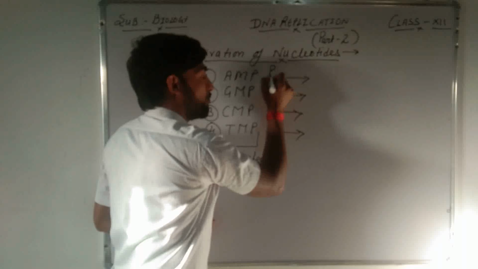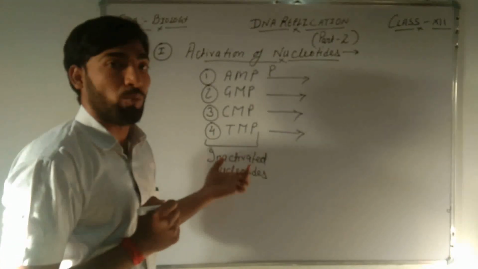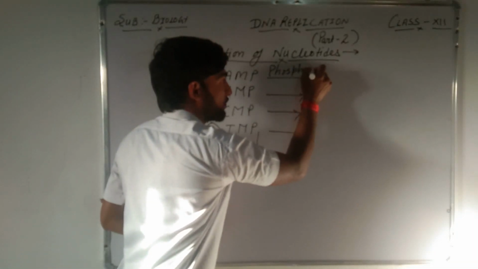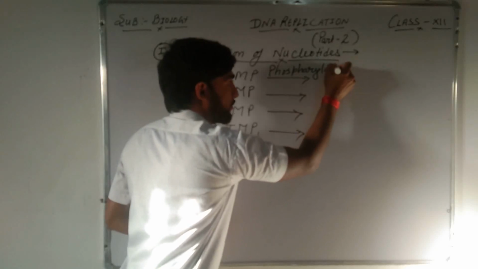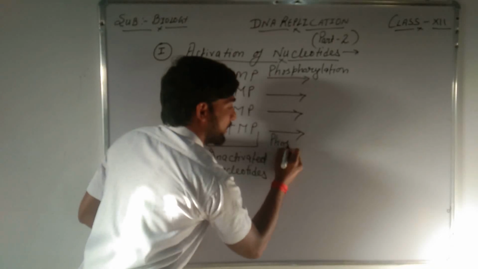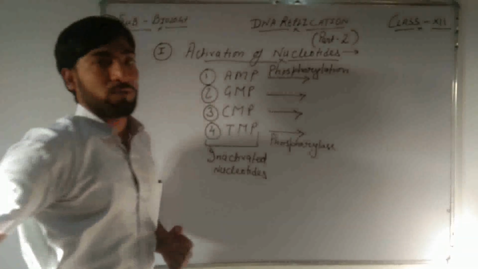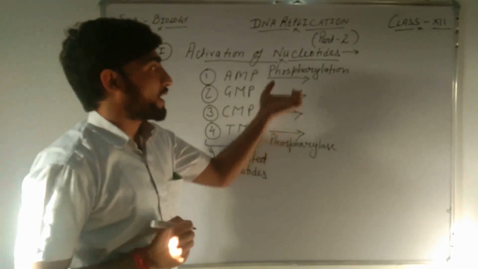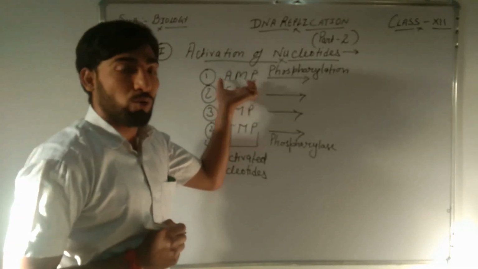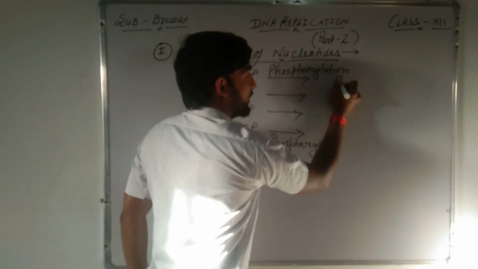So all these monophosphate containing nucleotides which are present in inactive form undergo the process of phosphorylation, carried out with the help of an enzyme known as phosphorylase enzyme. This phosphorylase enzyme converts these monophosphate containing nucleotides into triphosphate containing nucleotides.